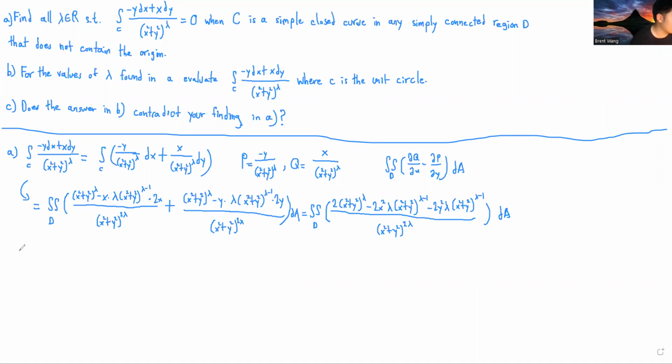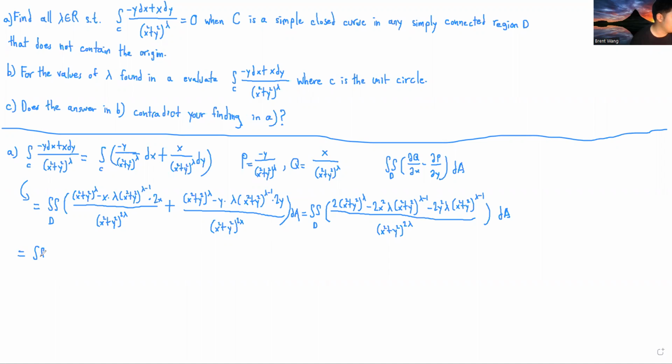And then when you do this, okay, so you can factor out lambda here, lambda times x squared plus y squared to the lambda minus 1. And let me just write it down.